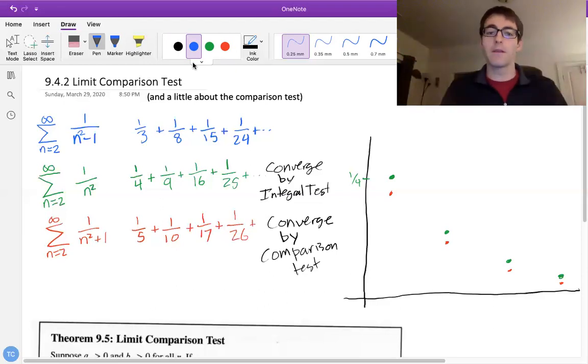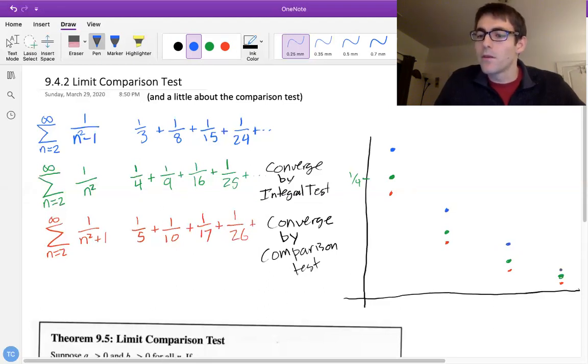These are two separate things. And what we want to know is whether or not this blue series is going to converge. So let's draw what these blue numbers look like. For each of the n's, the blue number is going to be a little bit bigger than either the green or the red.